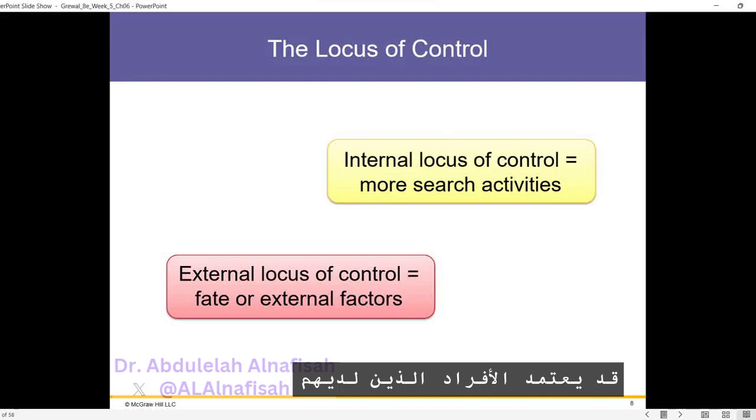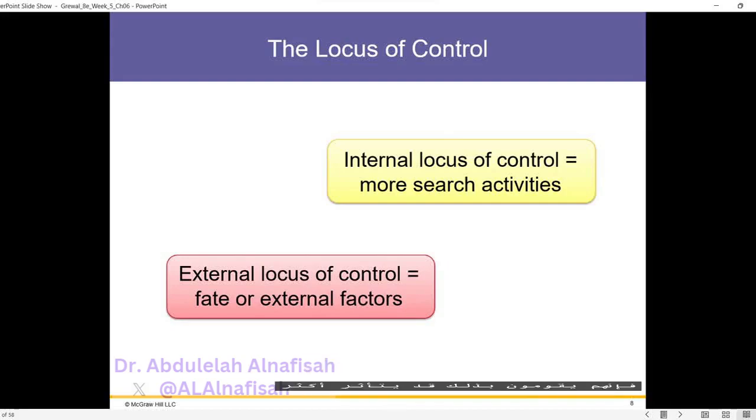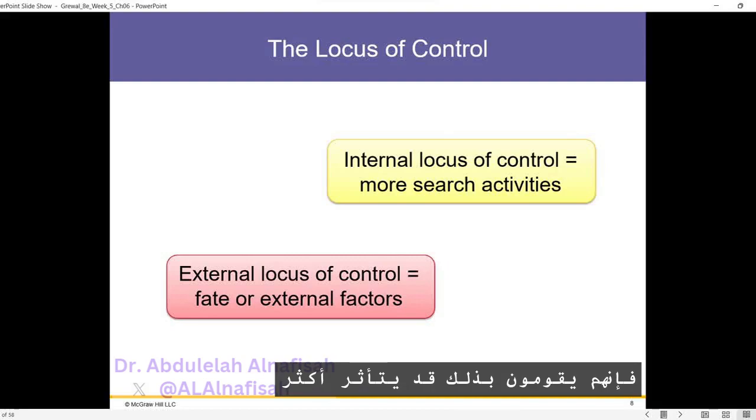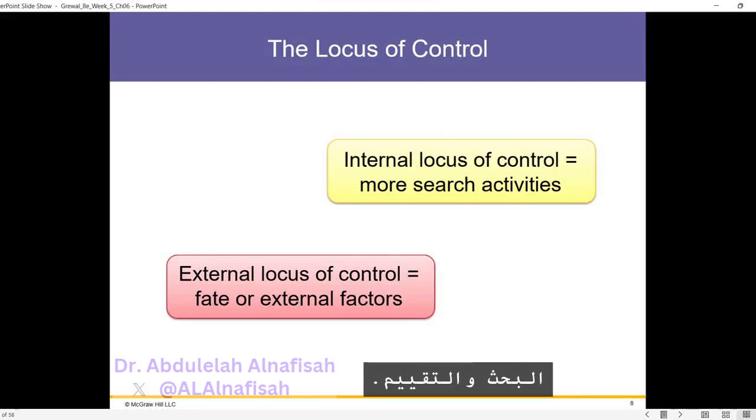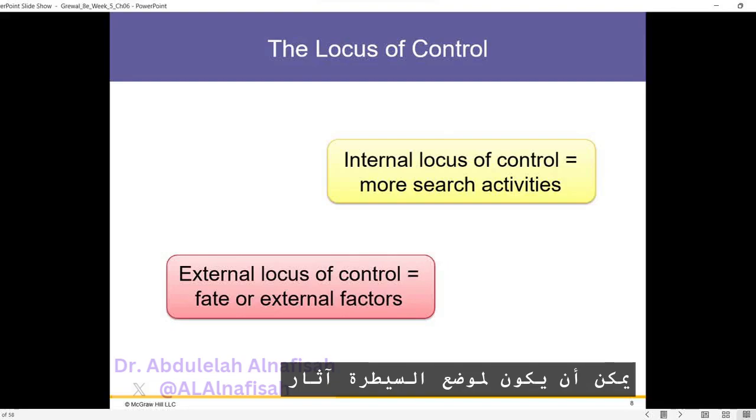Individuals with an external locus of control may rely more on external cues, such as advertisements or recommendations from others, rather than engaging in extensive information search activities. They may be more influenced by external factors and may make purchase decisions based on factors other than their own research and evaluation.